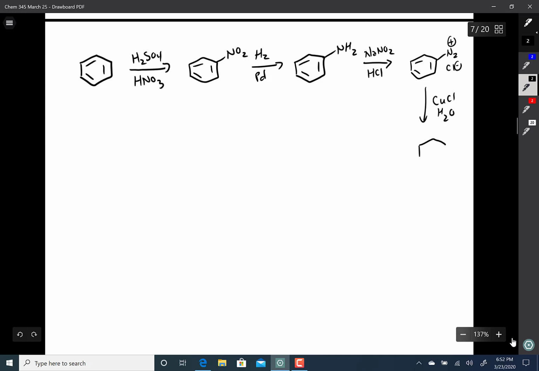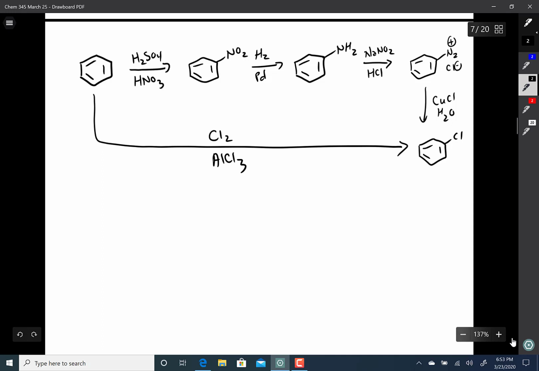That's a lot of steps to put a chlorine on when we already have halogenation. So this first way is steppy. The second way is quite a bit more efficient. The second way is better. But here's the strength of the Sandmeyer reaction, of this whole diazotization process.